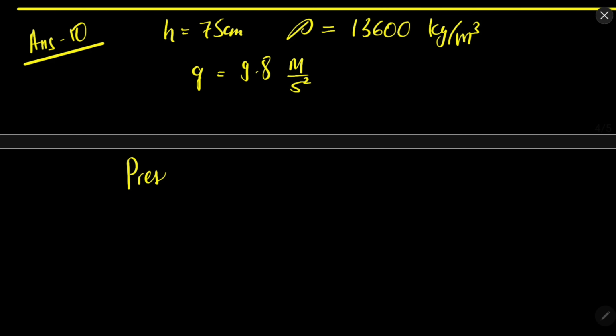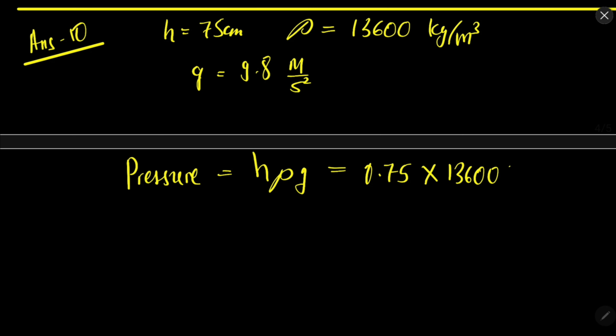So the pressure has a formula h rho g. Height is given, it is 0.75 meter into 13600 kilogram per meter cube into 9.8.